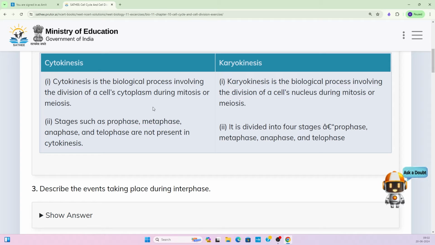In the case of karyokinesis, it is divided into 4 stages: prophase, metaphase, anaphase and telophase. These 4 stages you can clearly see under the microscope.